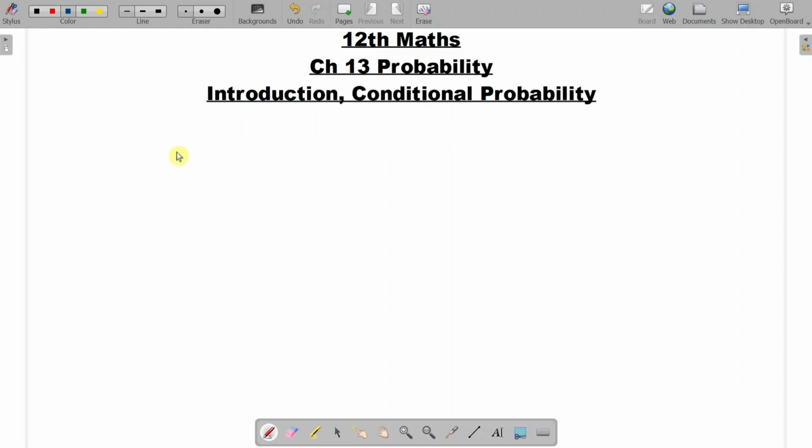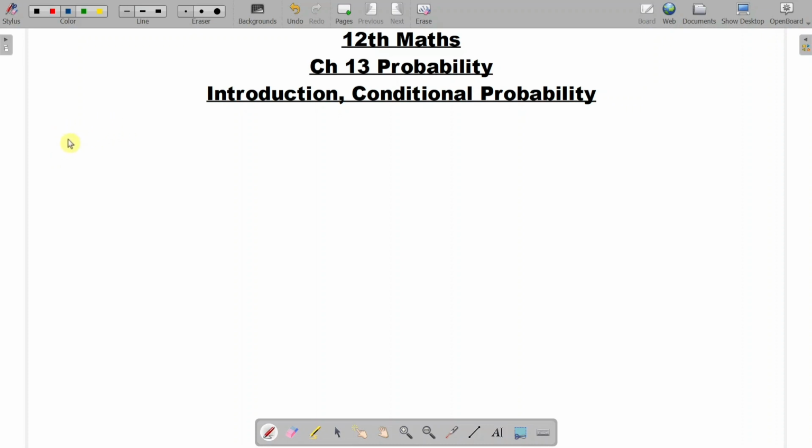So let us now look at what is probability. See the definition of probability in 11th class math that we have studied. So probability is the chance of occurrence of an event of a sample space of a random experiment.